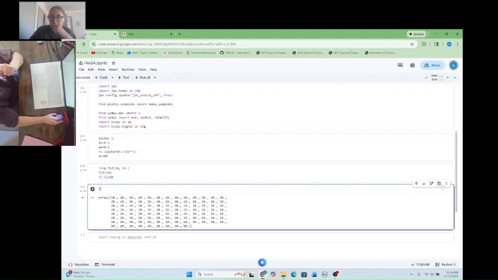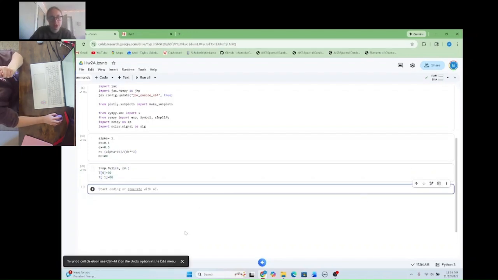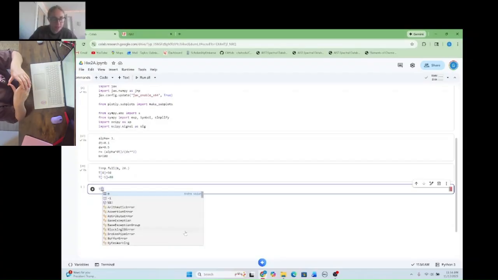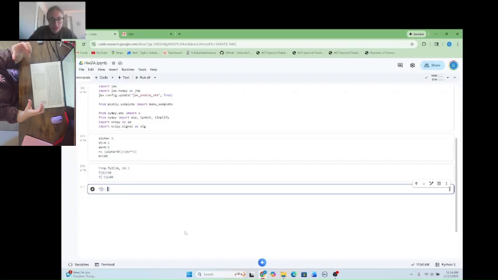Okay. So after this, I think that's good. I'm just going to delete this. So now we want to use our equation that we already made, right? So our first one was Tj n plus 1. Now we're not going to worry about the n plus 1 yet. We're just going to be looking at the positions that they're currently in. So that's going to be T[1:-1] is equal to, right? So that's Tj.